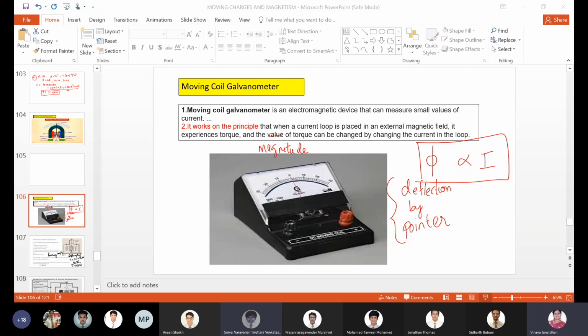Right, boys. Moving coil galvanometer. Yes, you have to write: a device that can measure small values of current.